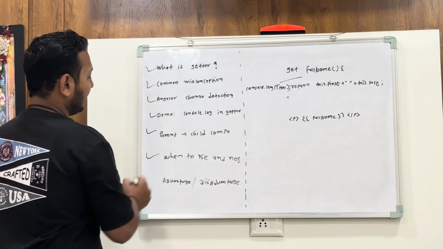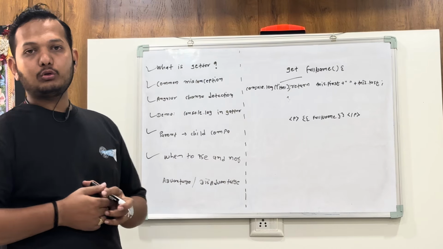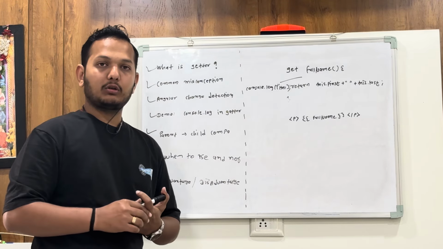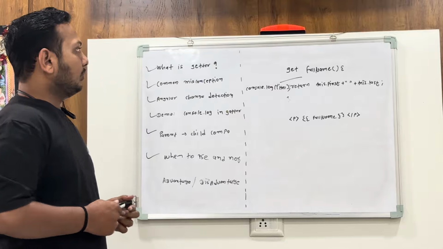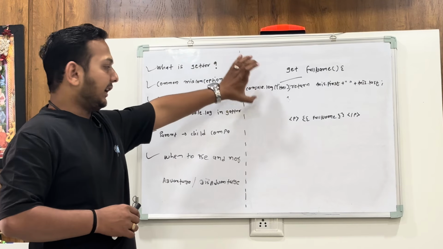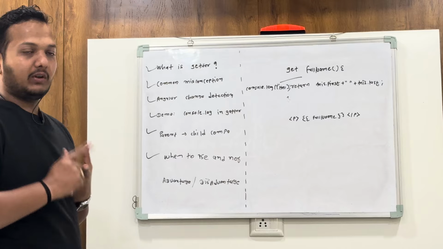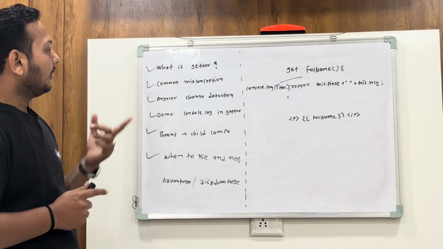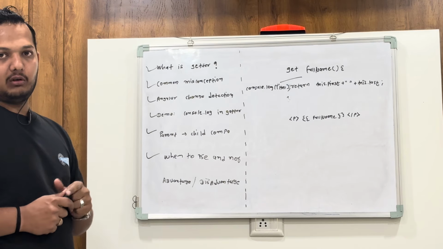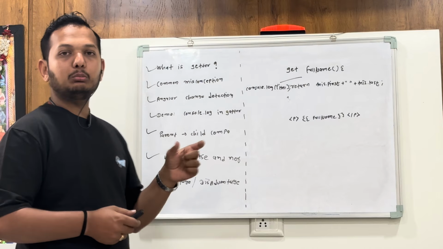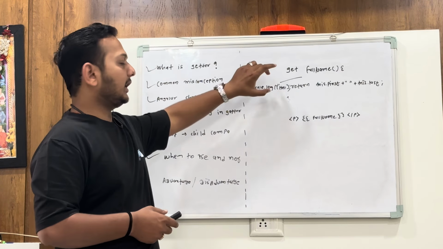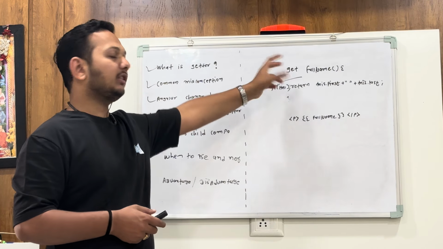Now the next question is, when to use it and when not to. So when to use this getter? First, when the logic is small, for example any Boolean calculation. We can do any Boolean calculation and return the Boolean from it.